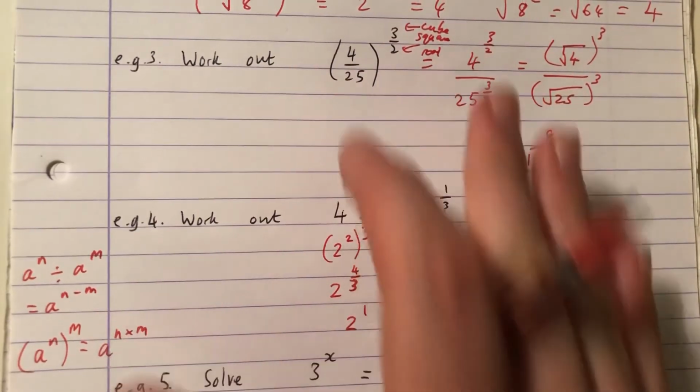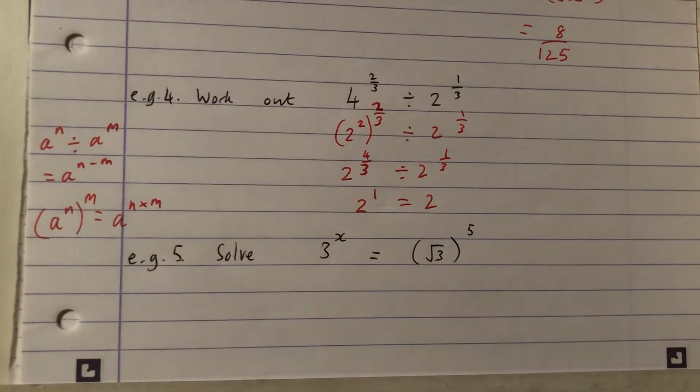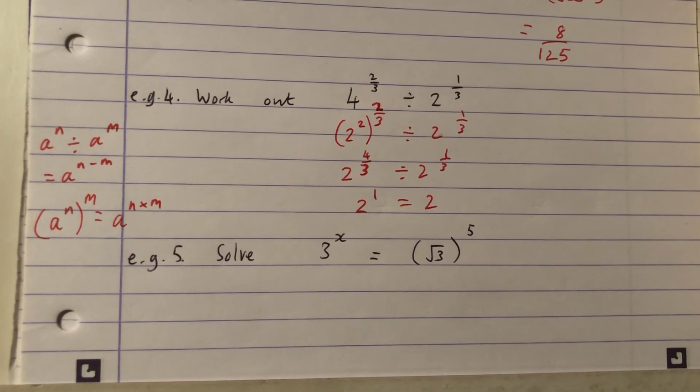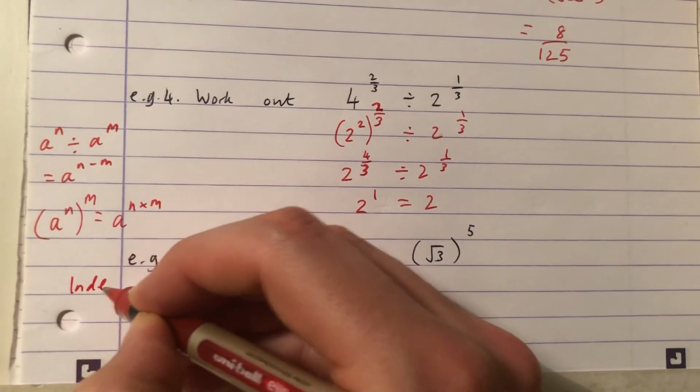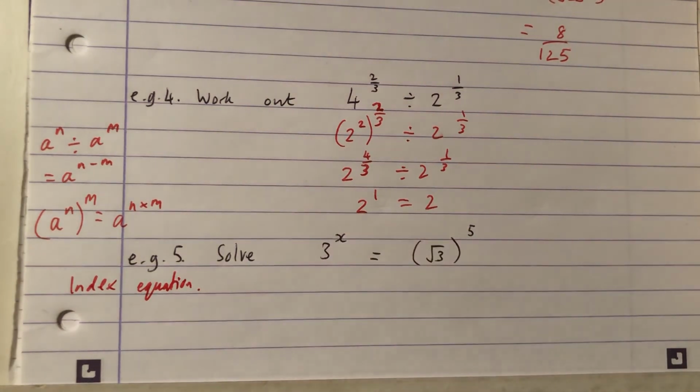Right, example number 5, the last example I'm going to do. We've got an equation. 3 to the power of x equals root 3 to the power of 5. Now, this is called an index equation because you've got an index number.